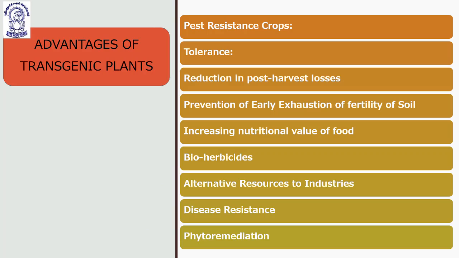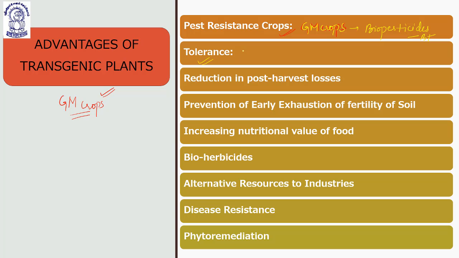Now, what are the different advantages of transgenic plants or genetically modified crops? We have delivered pest resistant crops. These genetically modified crops help to produce chemicals which act as biopesticides, like Bt cotton.